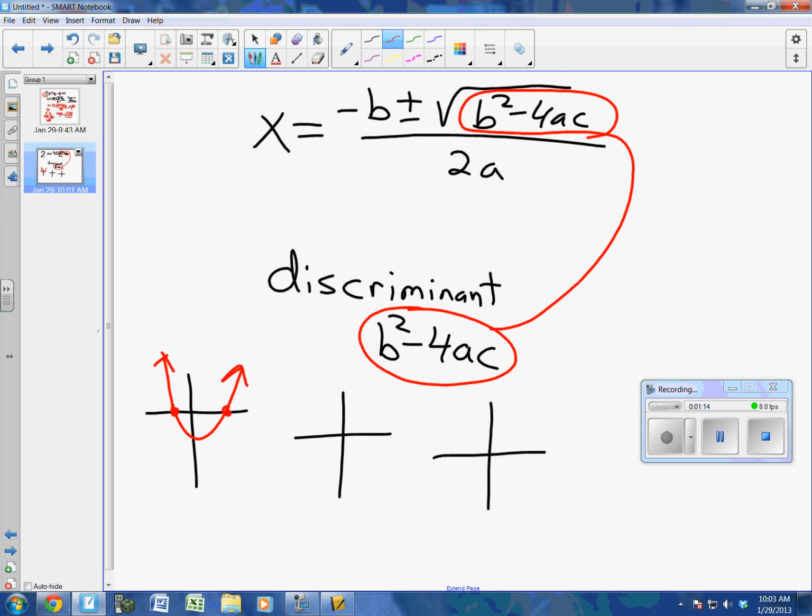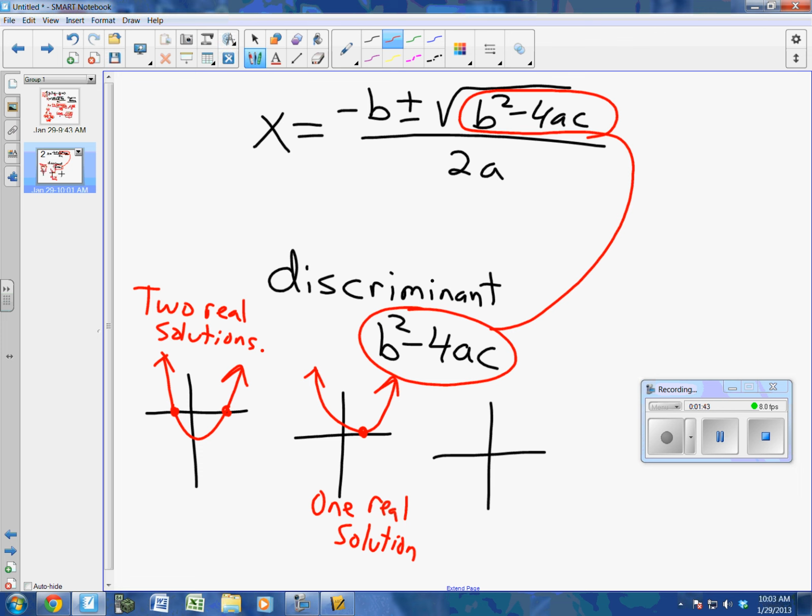That means it has two real solutions. Write that down. Then you have the possibility that it just touches in one spot, and it has one real solution.